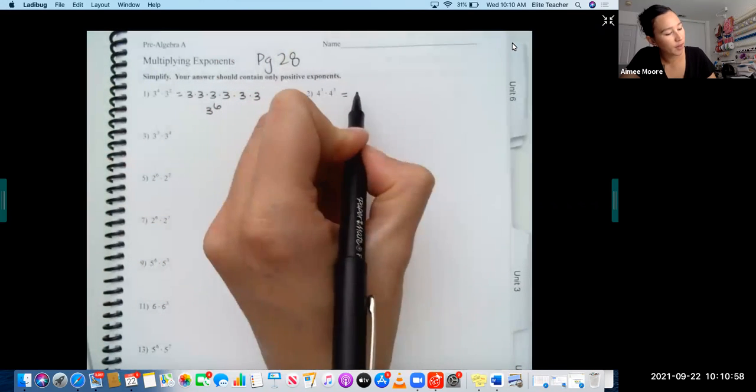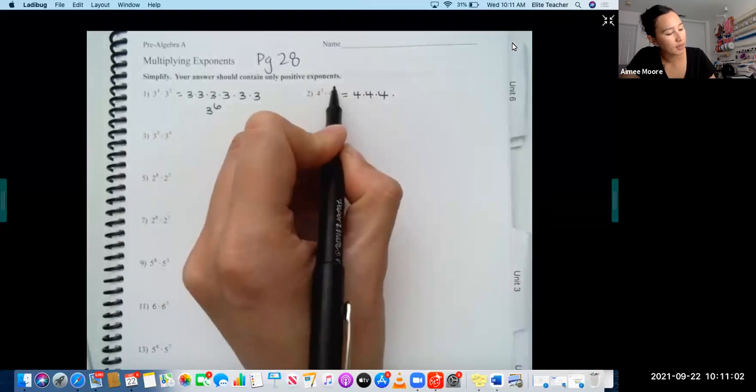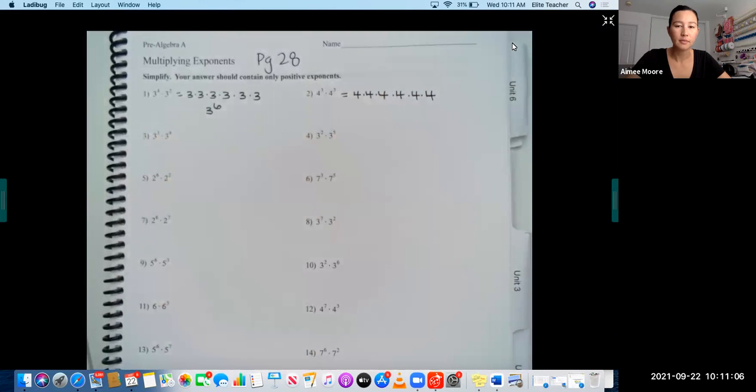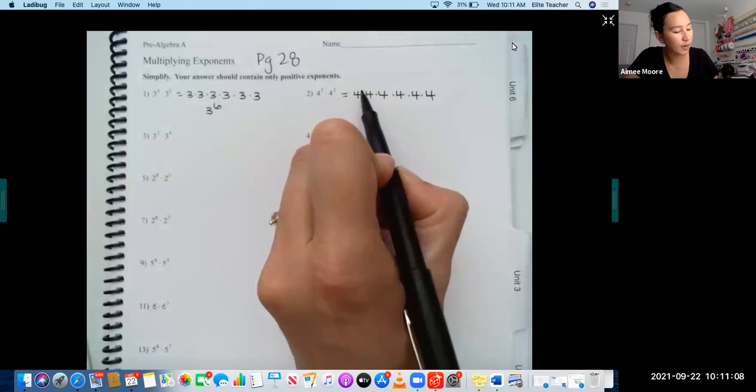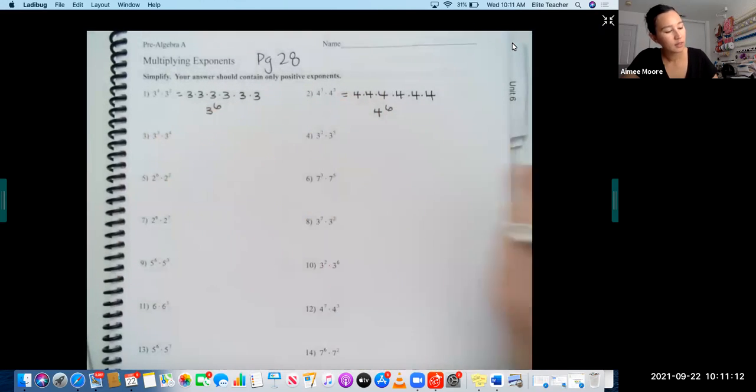Now we have 4 to the 3rd power. That's 4 multiplied 3 times. 1, 2, 3. Now all together we have 1, 2, 3, 4, 5, 6. So that is 4 multiplied 6 times, 4 to the 6th power.